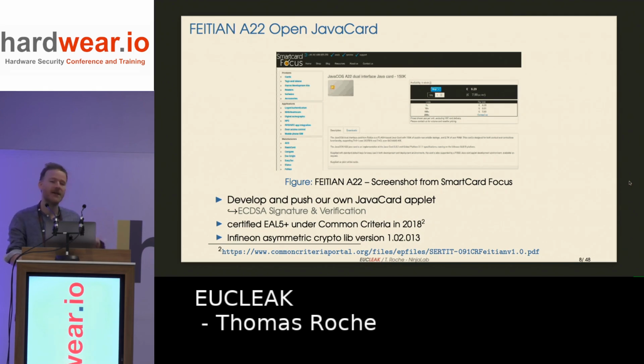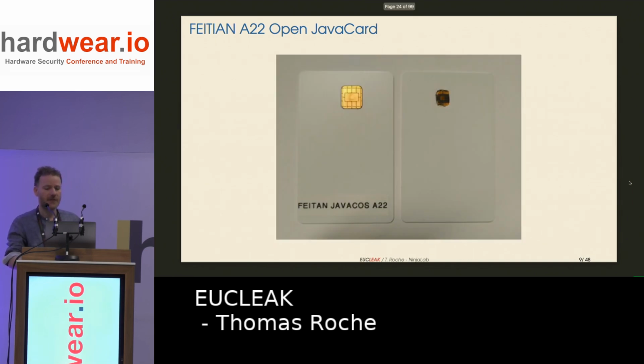And for building an attack, finding a vulnerability, it's useful to be able to know the secret key, at least to train. So we found this open Java Card from Feitian that embeds the SLE78. It's not exactly the same version of the hardware, nor exactly the same version of the CryptoLib, the ECDSA implementation, but it's good enough.